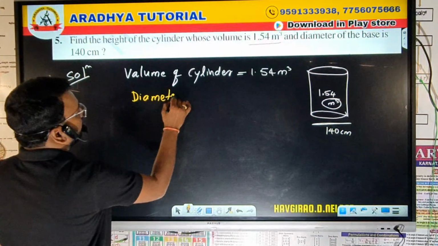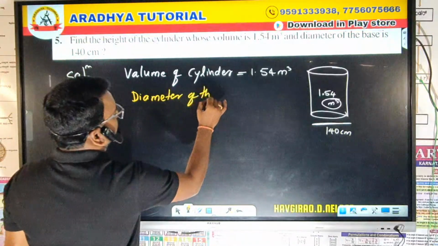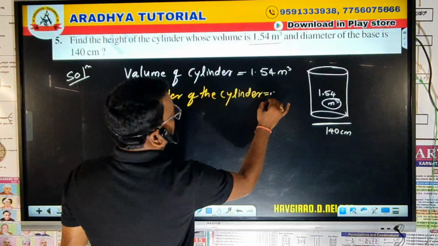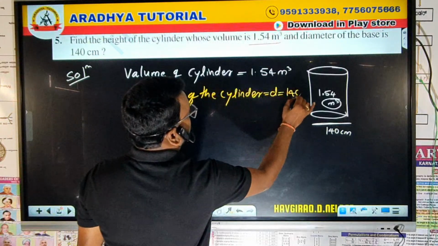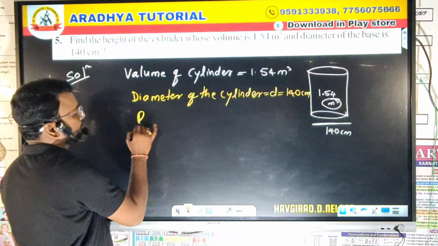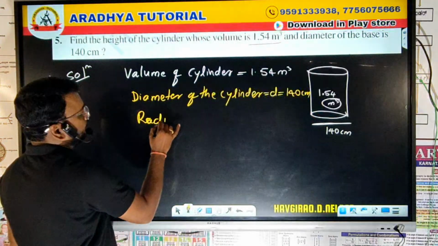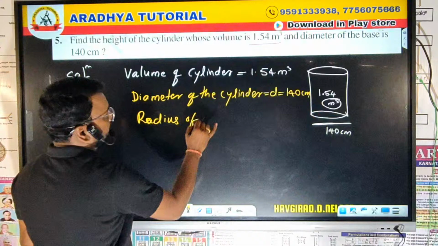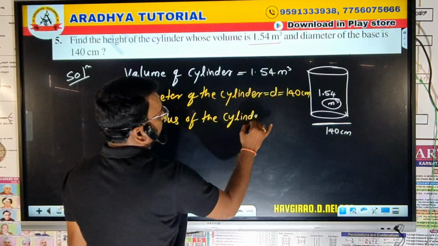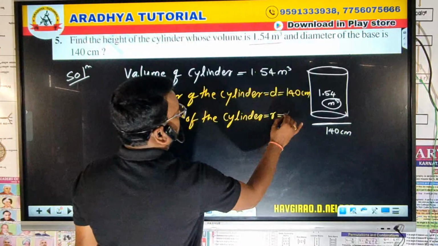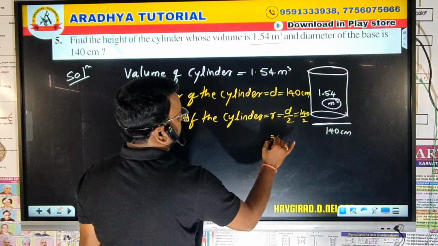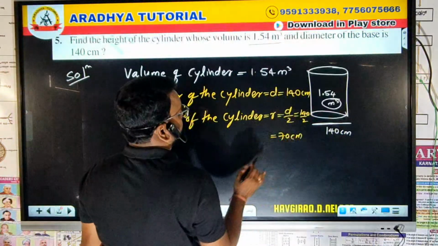Diameter of the cylinder, d equals 140 centimeter, and radius of the cylinder, r equals d divided by 2, 140 divided by 2, that is 70 centimeter.